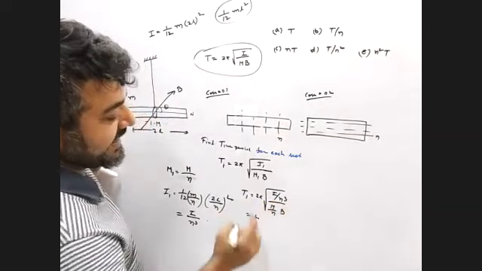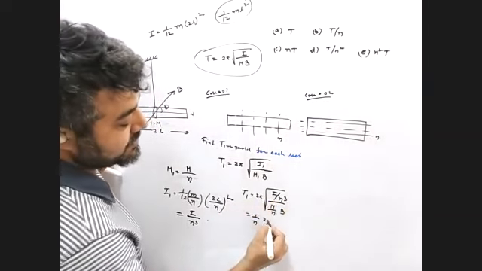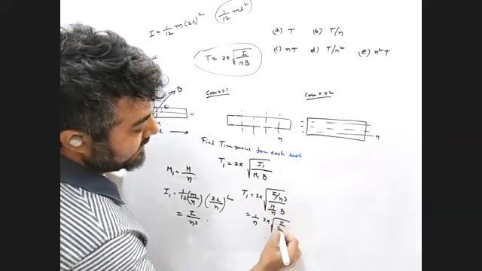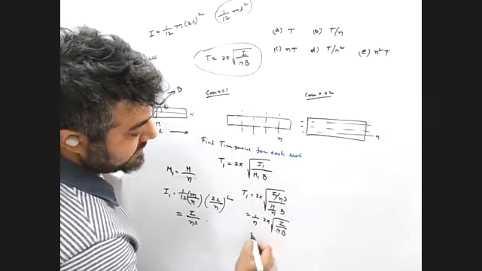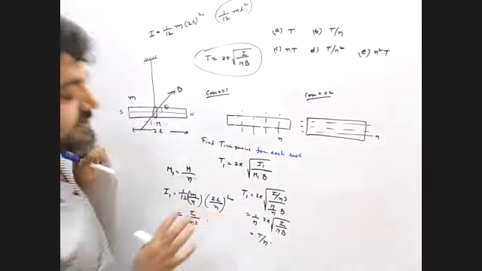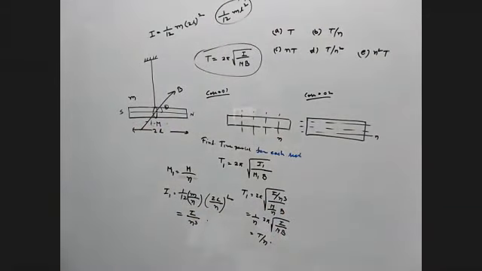We have 1 by N square, that if we make it outside, so root I by MB, that means time period is T by N for each part. Is it clear? হ্যাঁ স্যার.